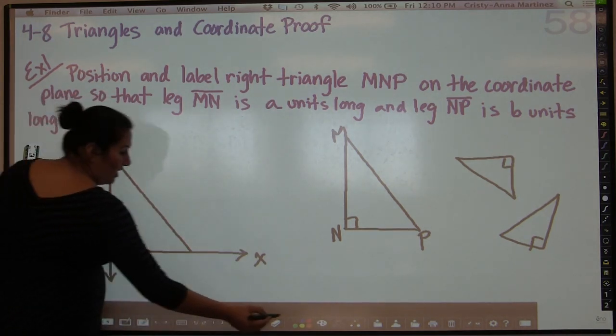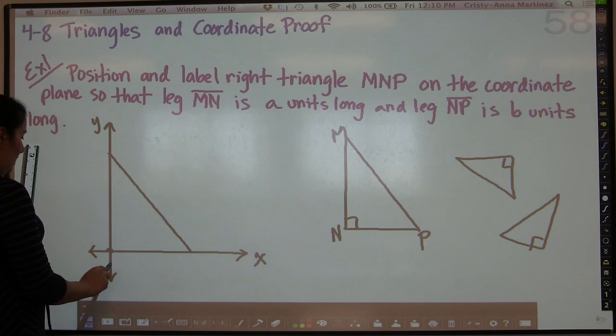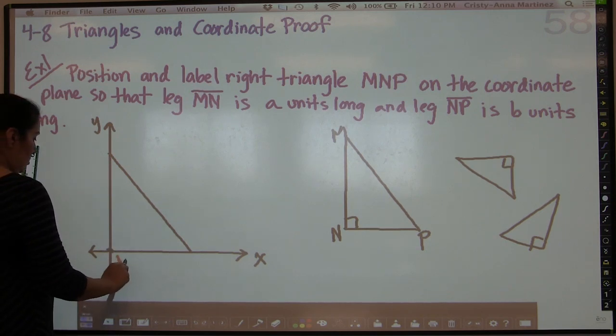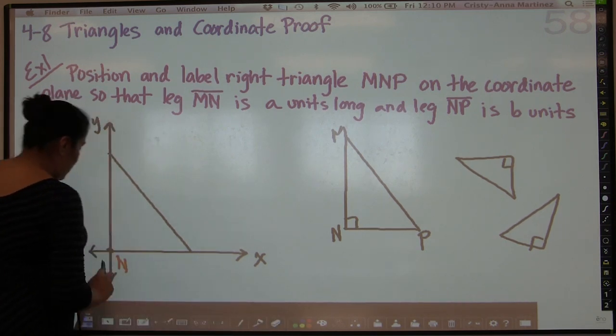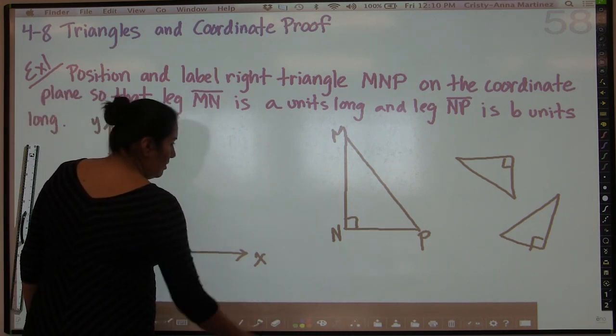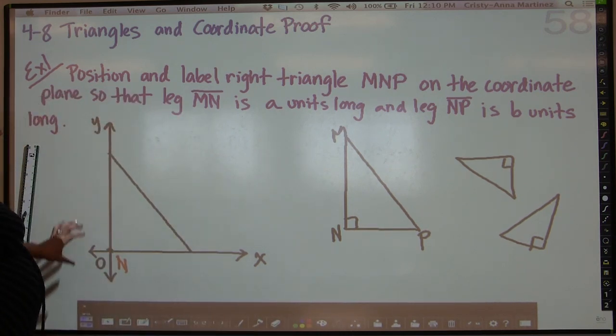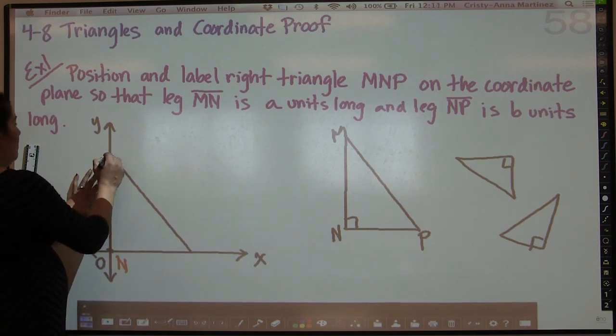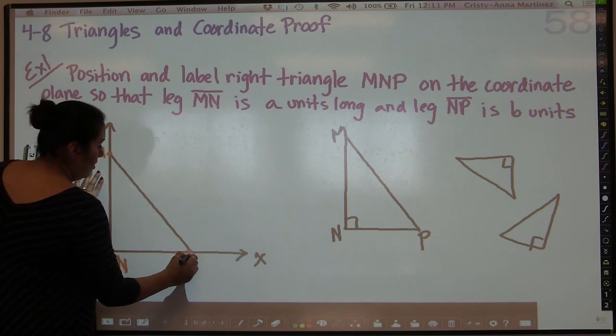So I'm going to call this N, and currently this is the actual origin right here. Okay, but I'm going to call that N. And then this is my leg, so this is going to be my M up here. And then down here we're going to get P.